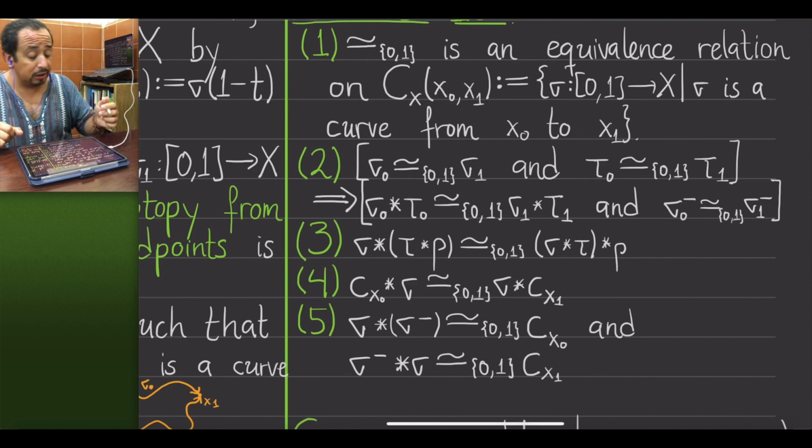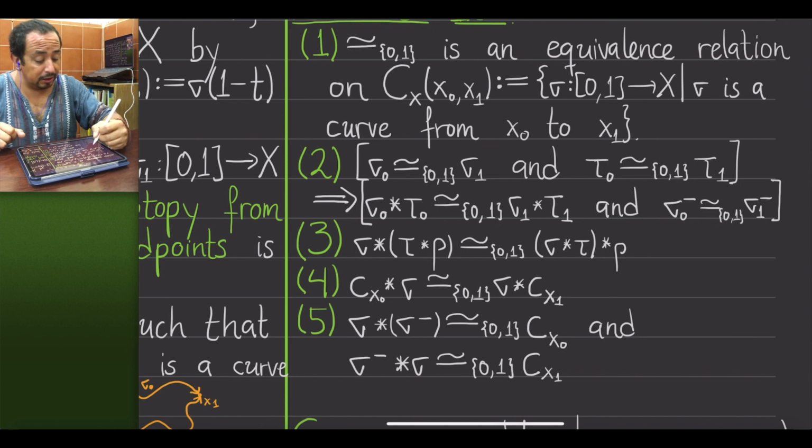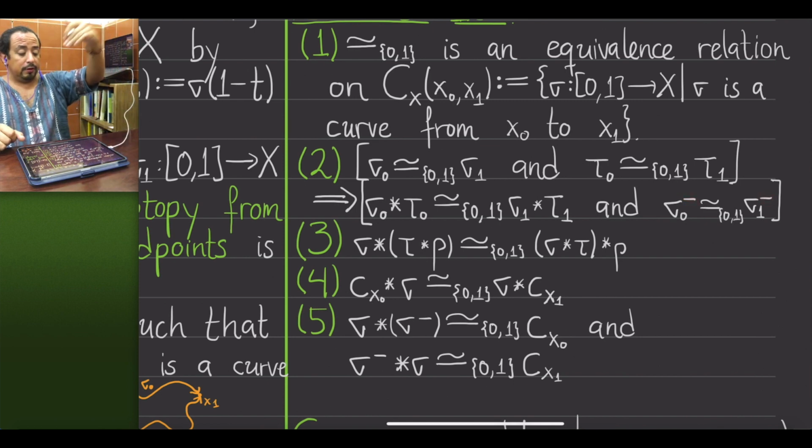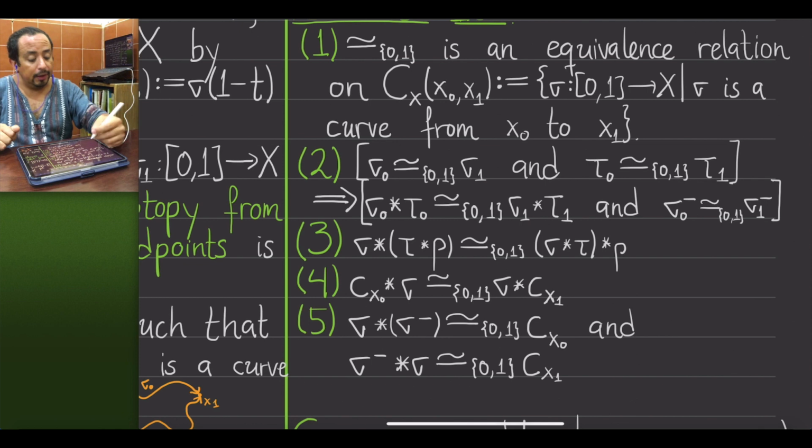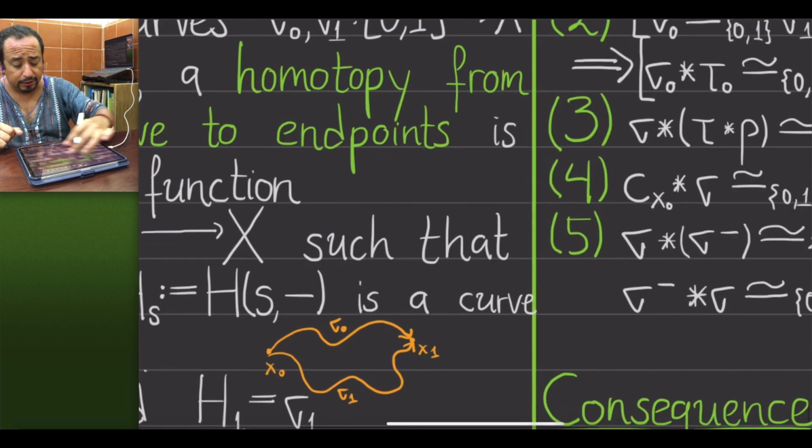Okay, and also taking the curve traversing the other way around, traversing in reverse, is also compatible with homotopy relative to endpoints. And this should be more or less clear, right?